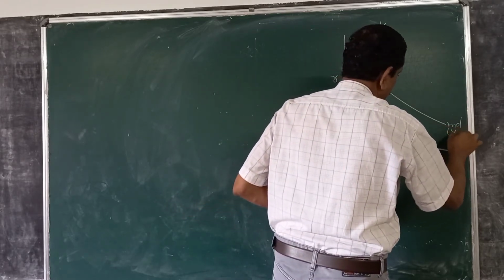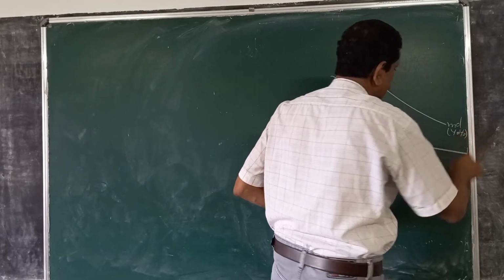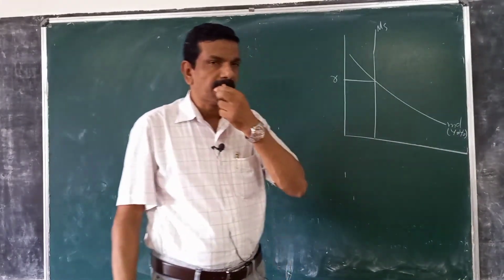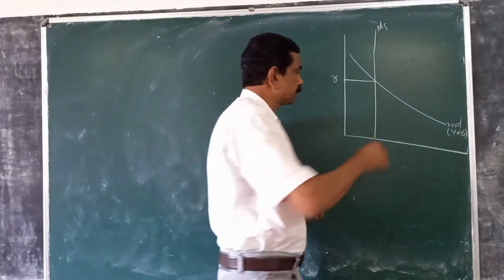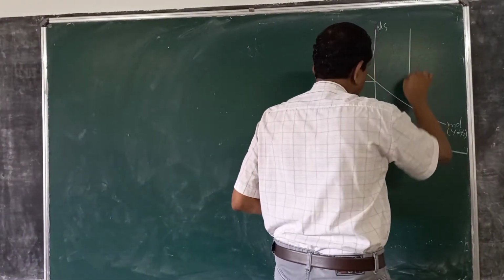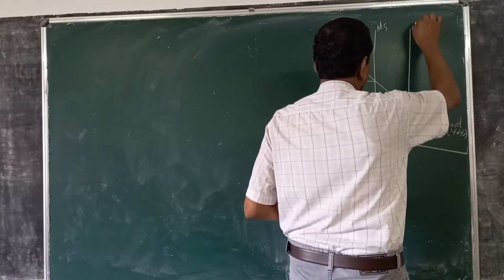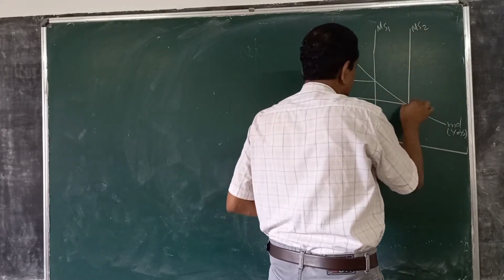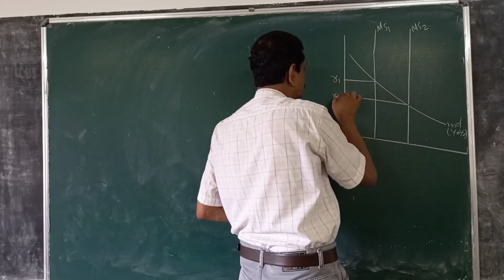This was drawn for a particular level of income, y equal to y0. And we know that if the money supply increases to MS2, the rate of interest decreases from R1 to, say, R2.